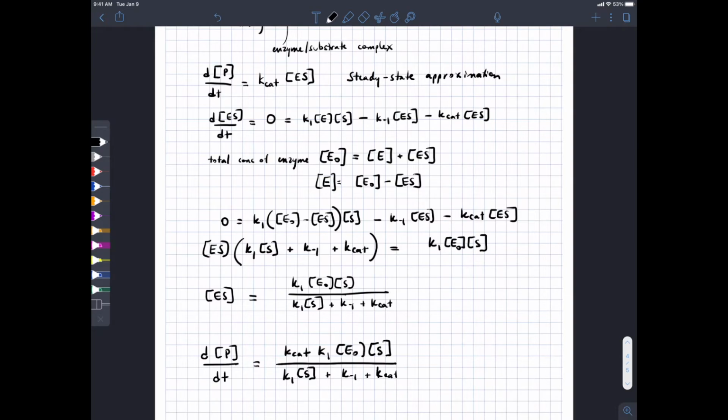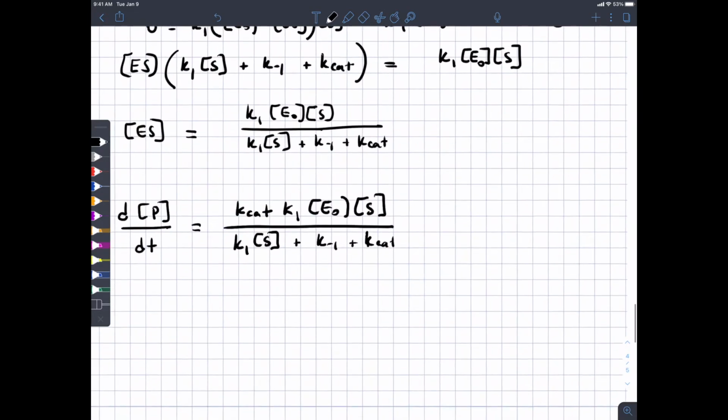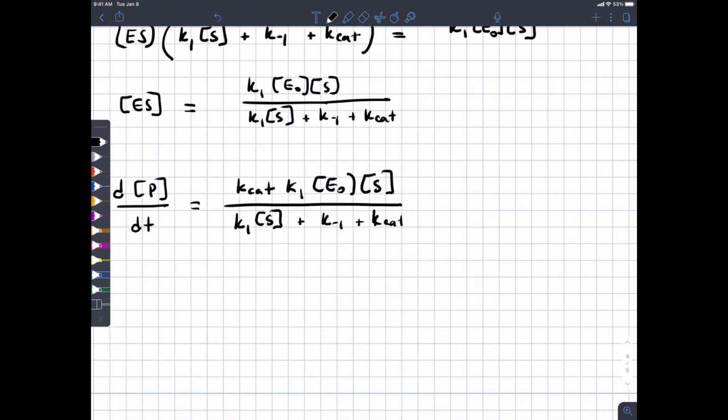Now, what we're going to do at this point is we've got k1 here and here in the numerator and the denominator except for here. So what we're going to do is multiply the numerator and the denominator by 1 over k1, which is just like multiplying by 1, so that's allowed.